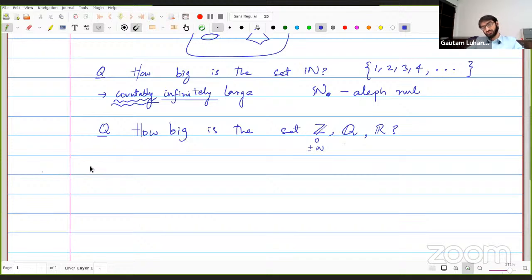And so it might be useful for us now to define this idea of cardinality.